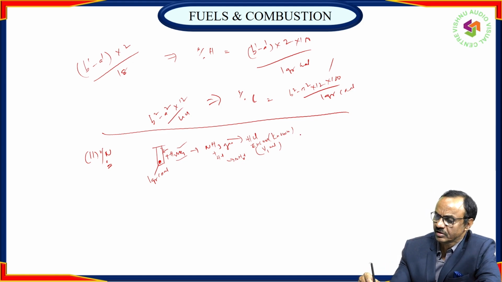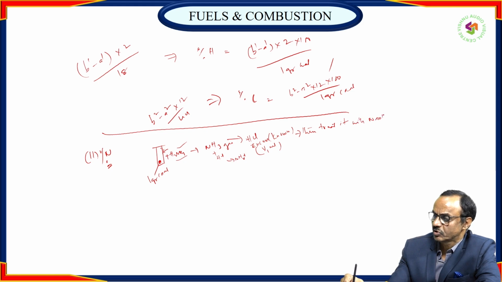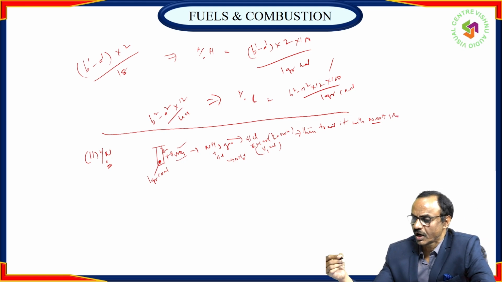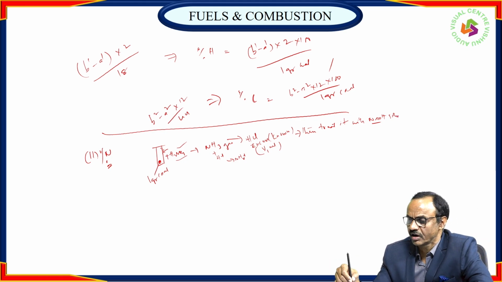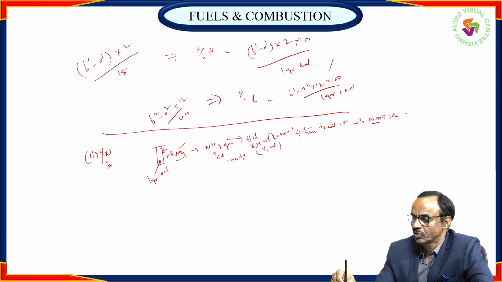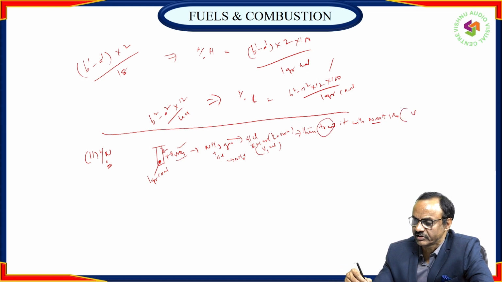Titrate it with NaOH solution or KOH solution, right? After adding an indicator, since both are colorless, the color changes. Note down the titer value, the reading. Titrate, not treat. Titration with NaOH solution, after adding the indicator, the color changes.